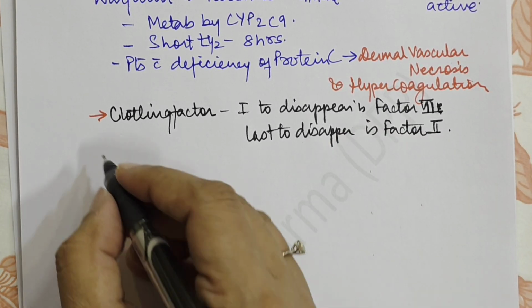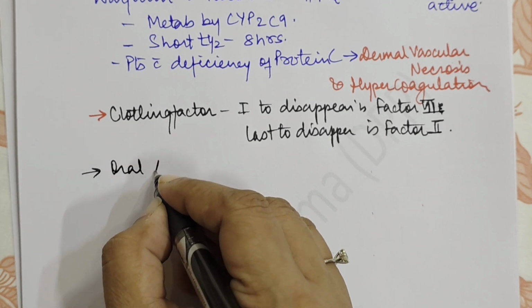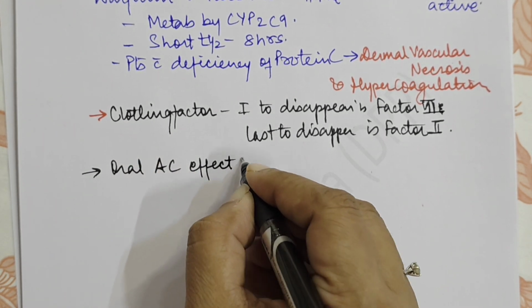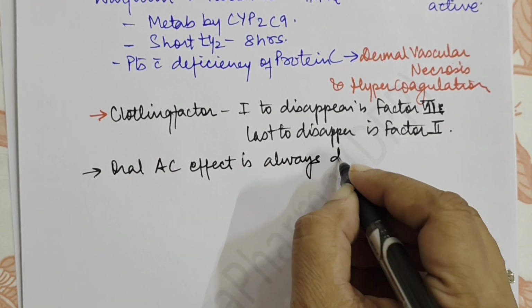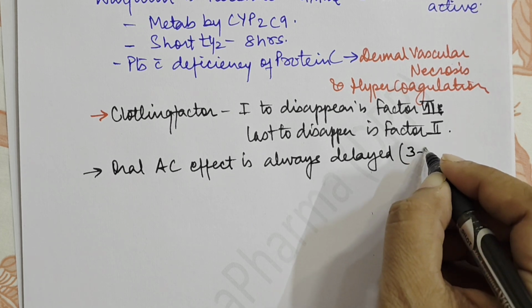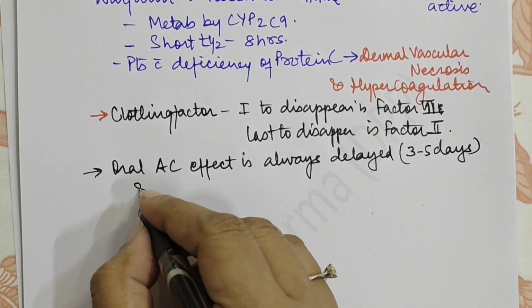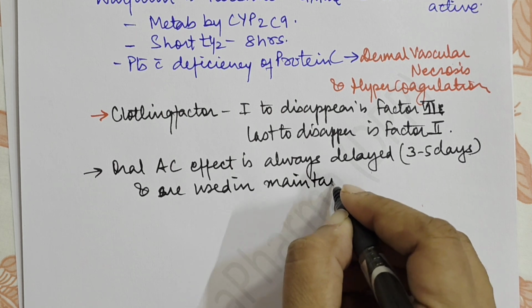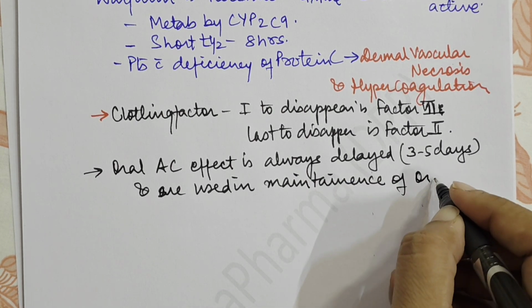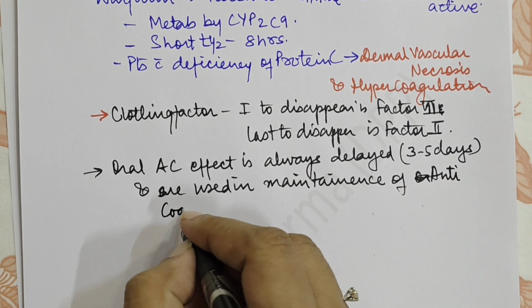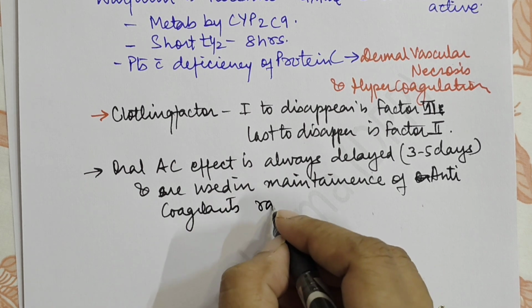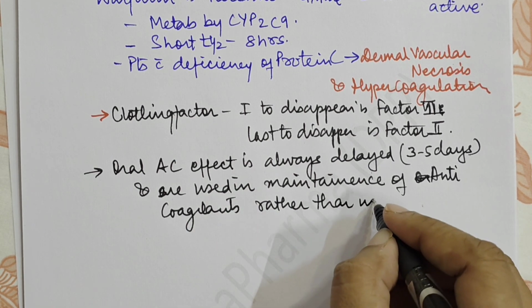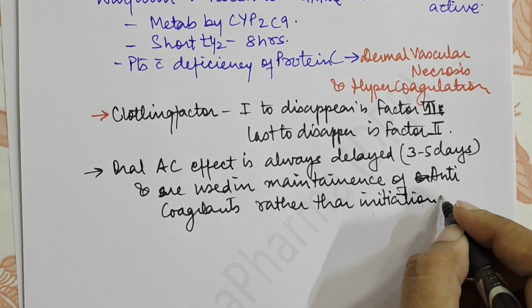Oral anticoagulant effect is always delayed. Warfarin usually takes 3 to 5 days to develop the effect, so it is used in maintenance of anticoagulation rather than initiation of treatment.